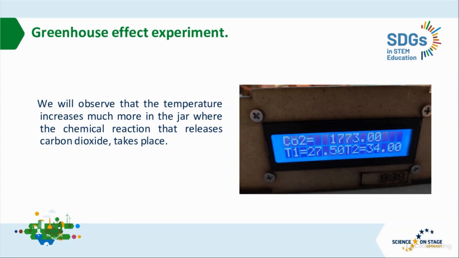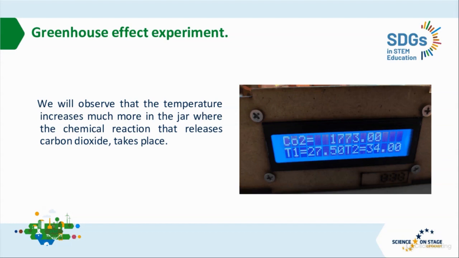This is an image of some of our outcomes. As you can see in this slide, the amount of carbon dioxide in the jar with the chemical reaction is almost 2,000. So it increased from around 400 ppm up to almost 2,000. And here we're showing the difference in temperature.